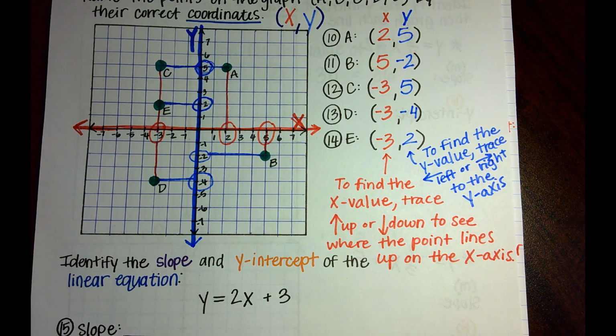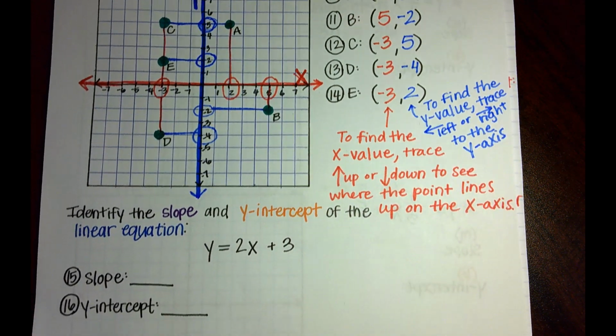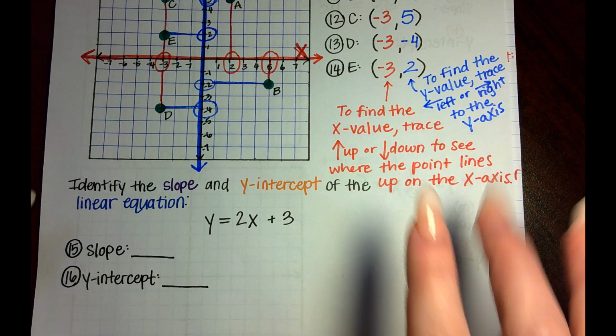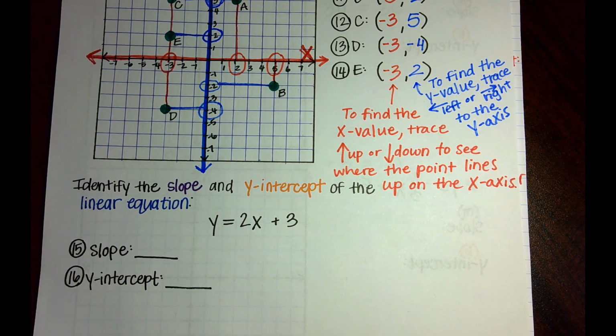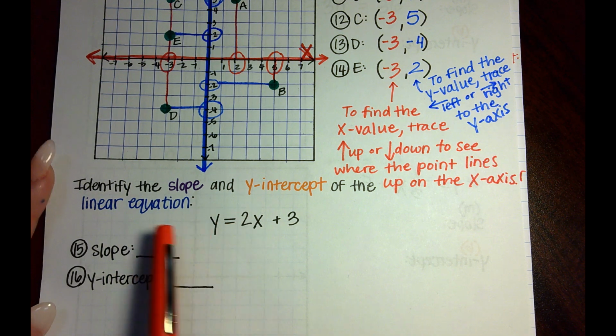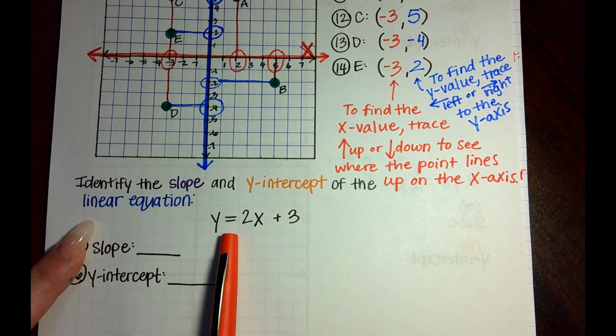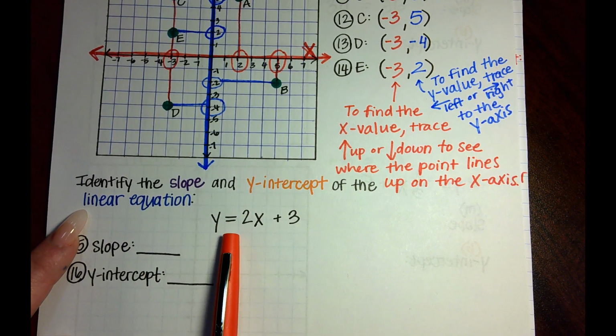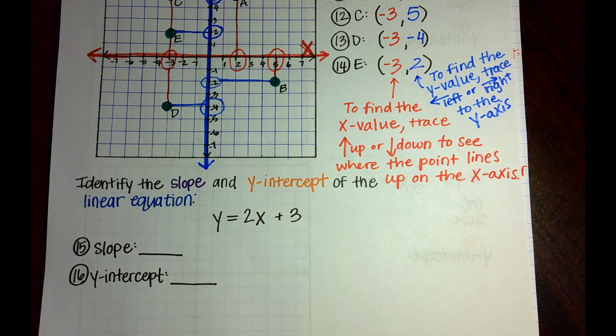Okay, so there's our coordinates, and moving on, now I have these last two questions, and these are also things we have not talked about, but I think that you will find this is very simple. So we have below what is called a linear equation. Okay, we know what an equation is, but we haven't talked about linear equations.